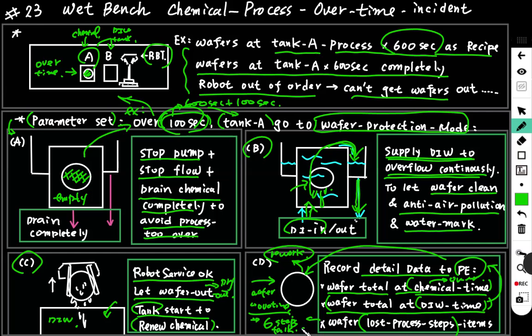And maybe due to this accident, the wafer went out of the wet station having gone through just 3 steps, and another 3 steps were bypassed during the protection operation. So the wafer's lost process steps must be recorded to let the process engineer do the rework for the missing steps.